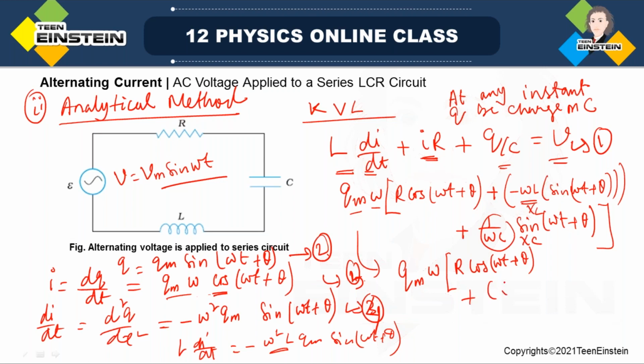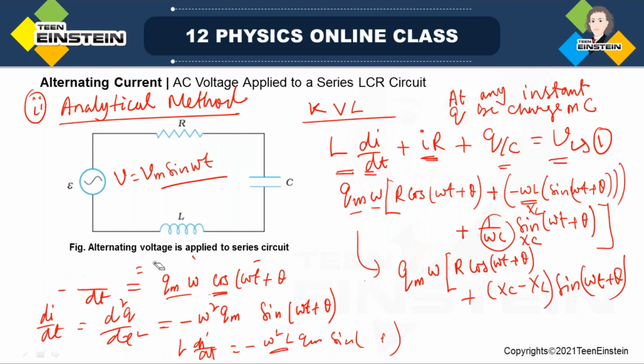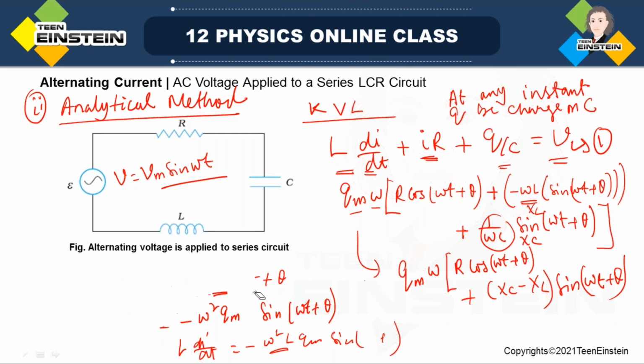So I can write here XC minus XL into sine of omega t plus theta. I'll just erase the left part and use that space on the same page so that you can track this equation properly.